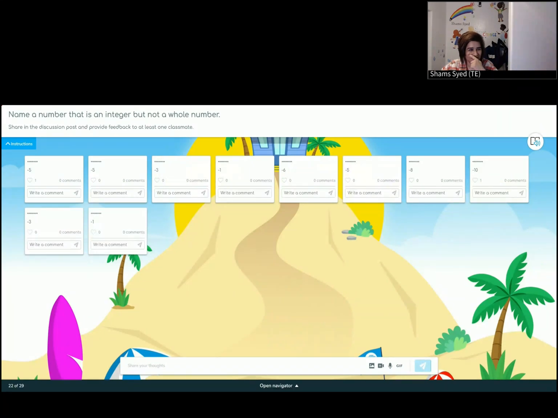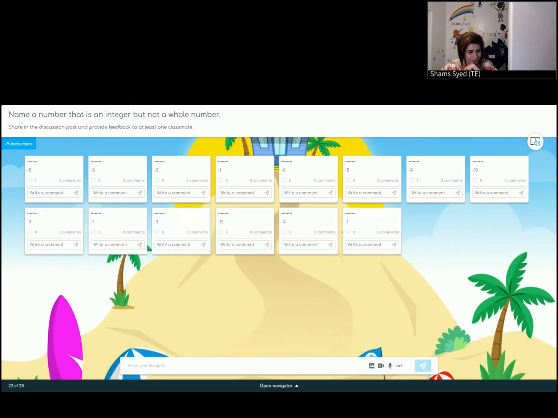These are all integers, but they're not whole numbers. So good. Okay, you guys seem to be. Oh, Kendra has -3. Kathy has -12. Anybody else wants to post more numbers? Jax has a -4. Very good. Let's look at Huria has a -1 also.